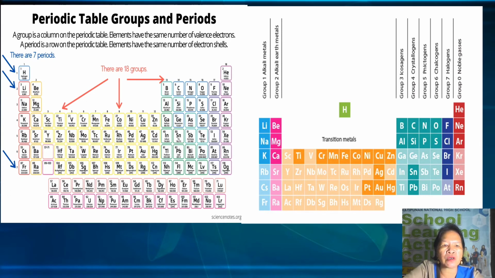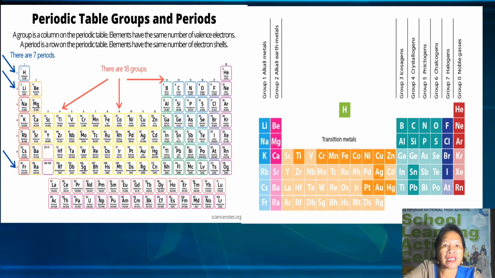So it is used as a guide in arranging the elements in the periodic table from left to right. Then, when you were asked about the element that comes after titanium, of course, it is the lanthanum.